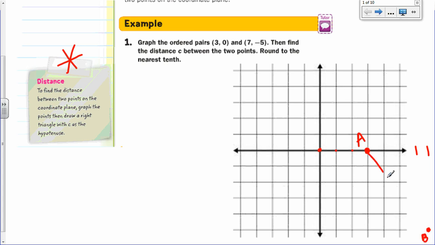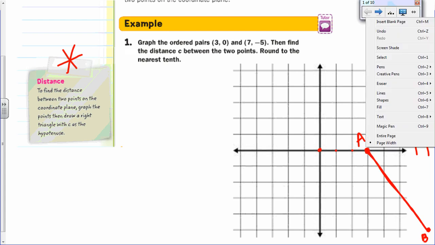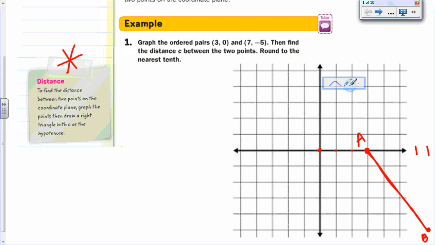So here is what I'm trying to find the distance of. I'm trying to find that length there. So now I'm going to make my right triangle so I can use that Pythagorean theorem. A right triangle could be drawn here, like that. So really what I'm trying to find, by finding the length of those 2 points, is my hypotenuse.